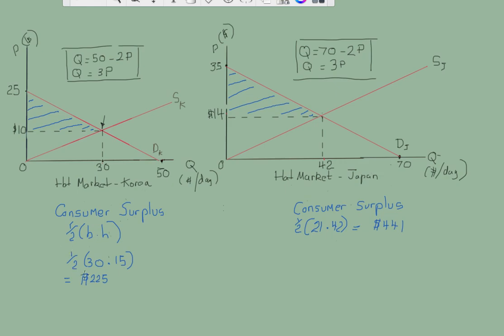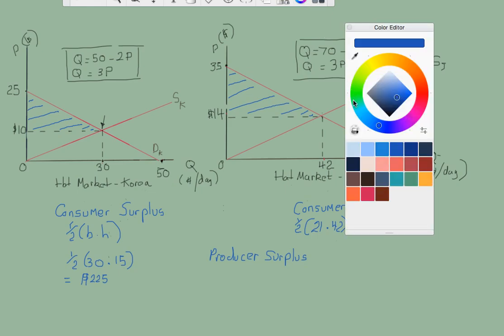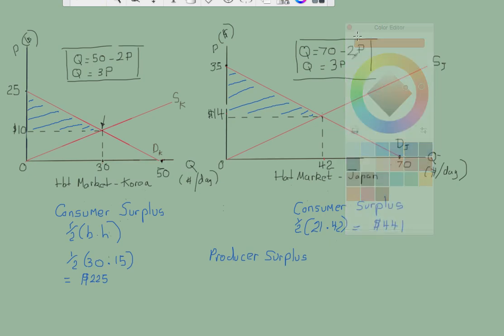Producer surplus, let's do that quickly too. Maybe I should get another color for producer surplus. Don't have to, but a new color is always nice. So let's find a color. How about this orangey color? Okay.